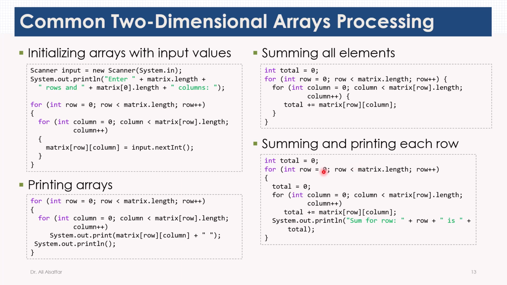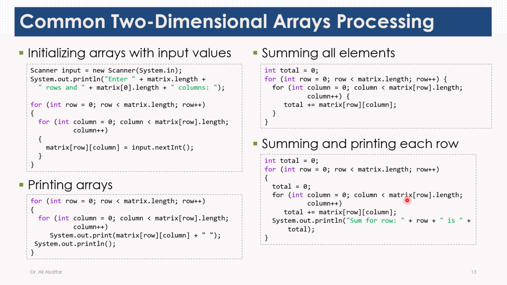Now what if we want to find and print the summation of each row? Then for each row, that means you have to process the array row by row. So the outer loop is for the number of rows, and the inner loop is for number of columns. But notice that we have a total variable that is not only initialized before we enter the outer loop. We initialize it inside each iteration of the outer loop, and the outer loop is for number of rows. So if we are in row 0, we initialize total to 0, and then we consider this row as a one-dimensional array.